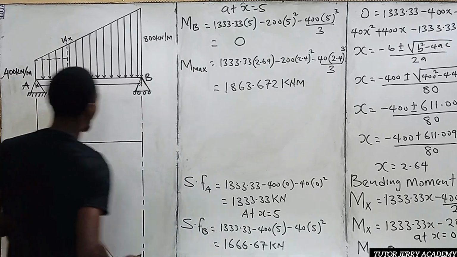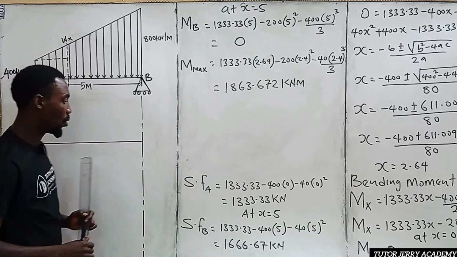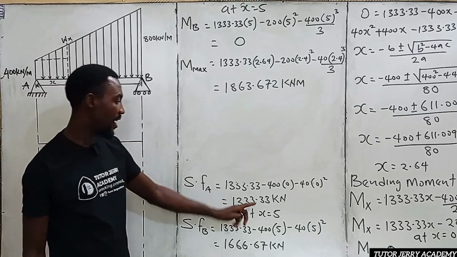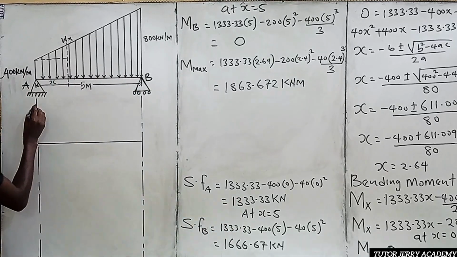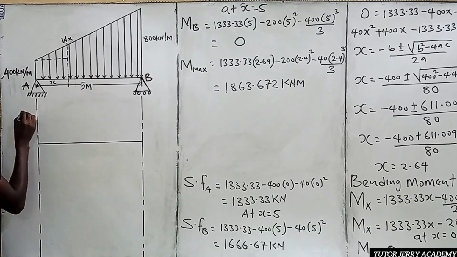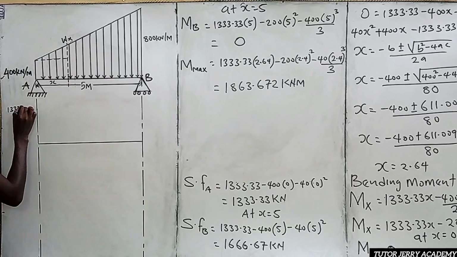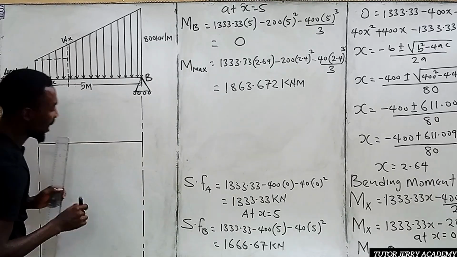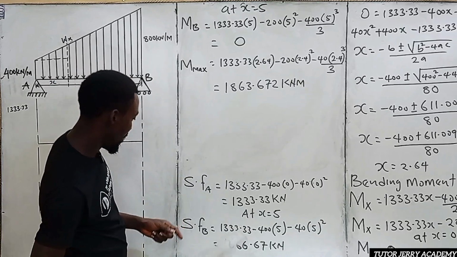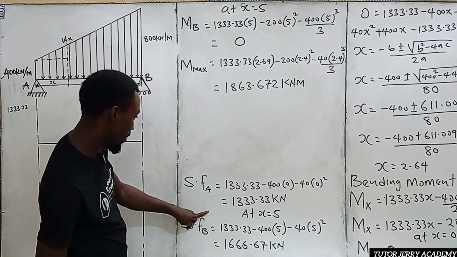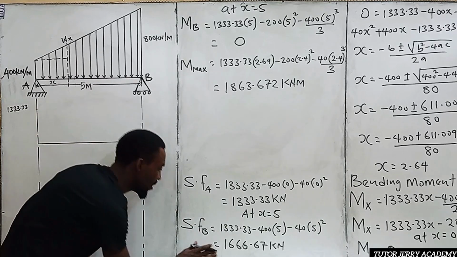All right. So now let's draw the shear force diagram first. Now, for us to do that, know that the shear force at point A is 1333.33, which is a positive value. So that is going to be at this point here. Let's put that here. And the shear force at point B is, if you press this value, you are going to have a negative answer.